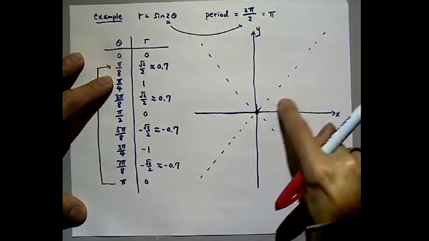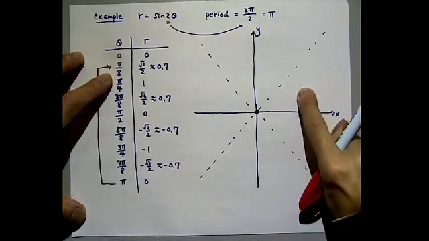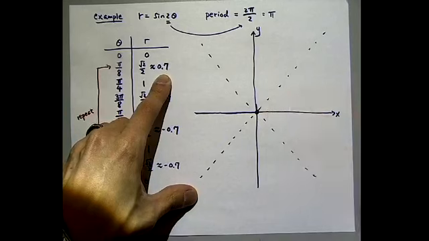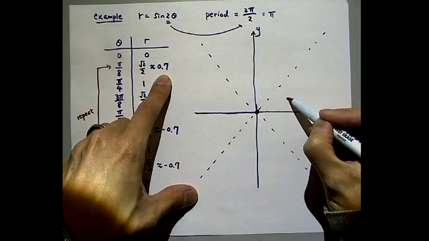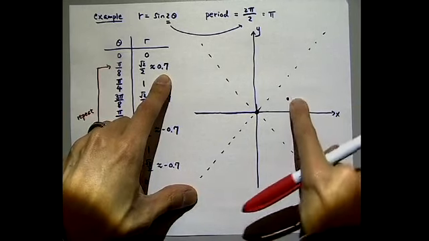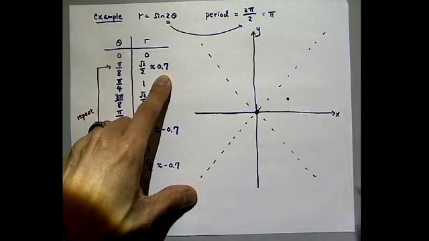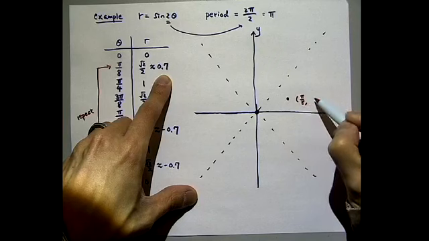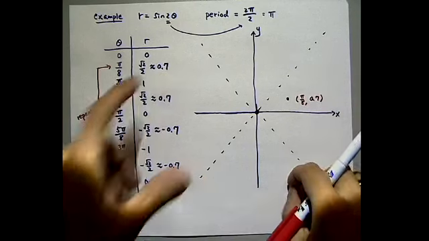So let's say pi over 8 is right halfway in between. It's 0.7. Let's eyeball it right here. Pi over 8, theta. That's this point right here.